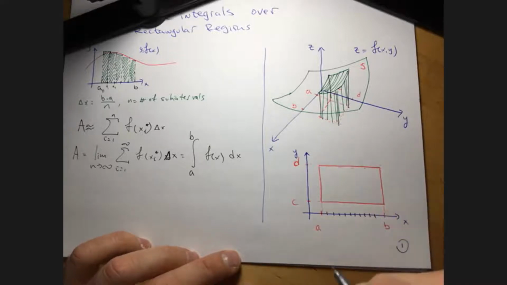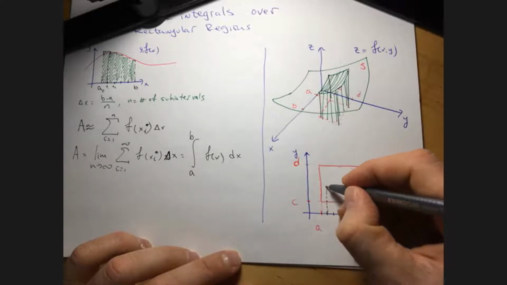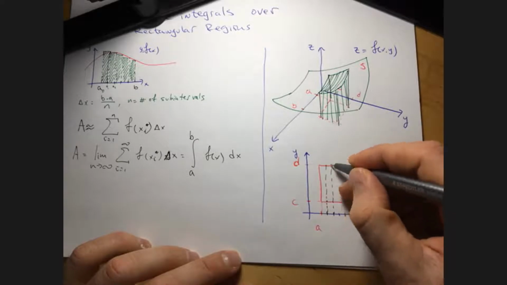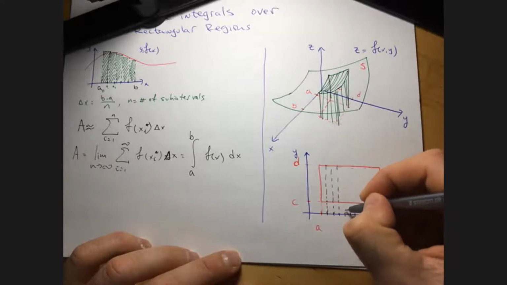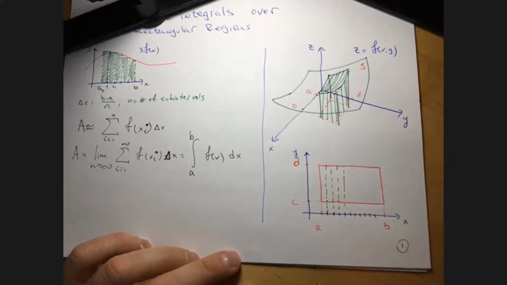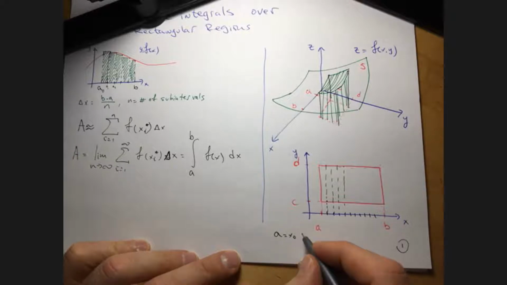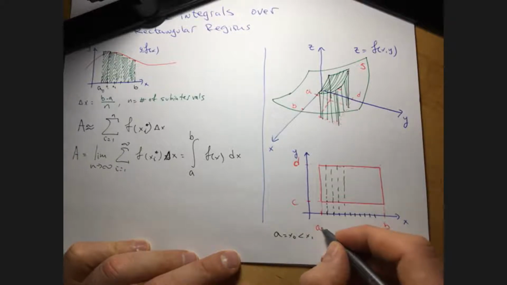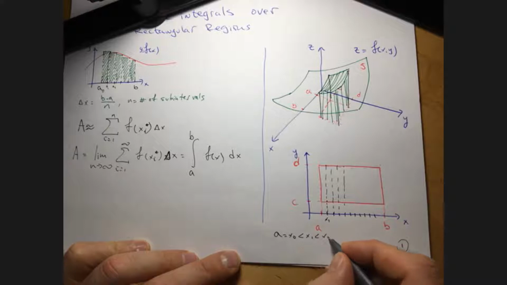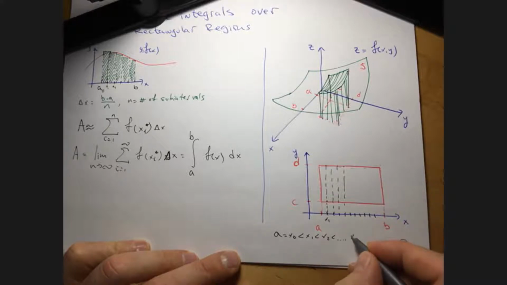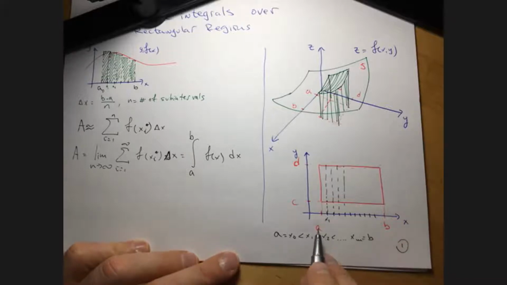Into n subintervals. That gives us this, and so on and so on. Basically I have that a is equal to x naught, less than x1, less than x2, less than and so on up to xm, which is equal to b. So I've divided the interval AB into m subintervals.